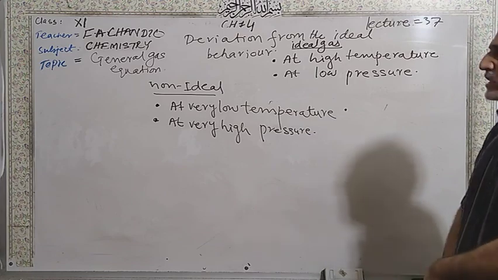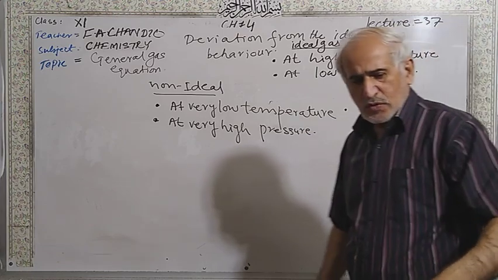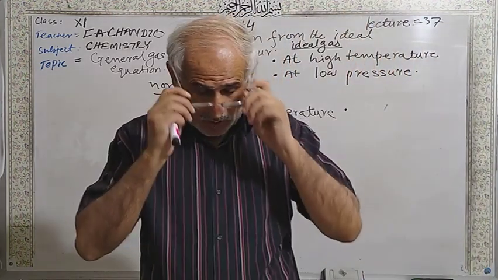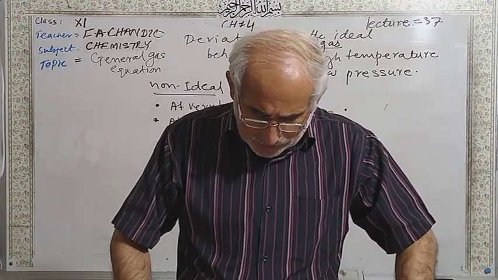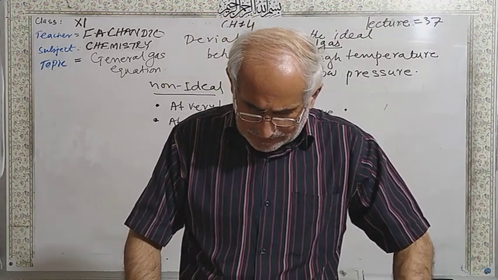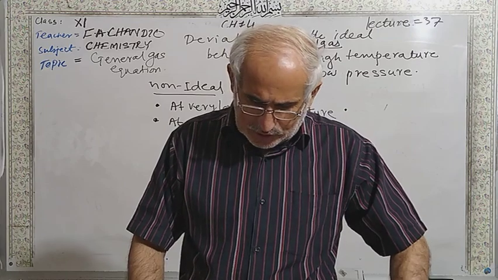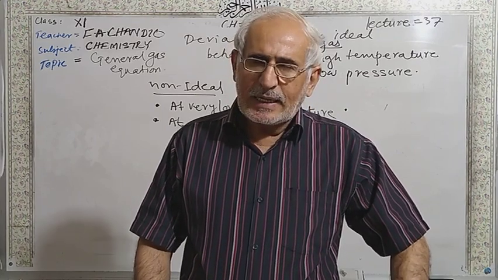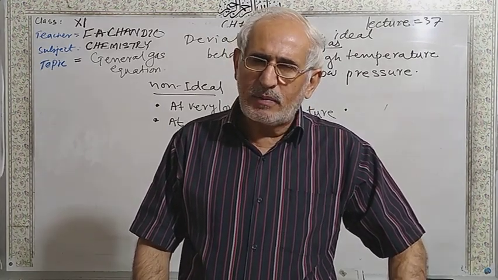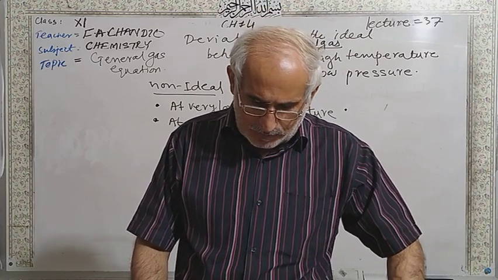So these are the things we discuss here. Before starting with the deviation of a given gas, I told you about ideal gas and real gas. A real gas is a non-perfect gas, a non-ideal gas.